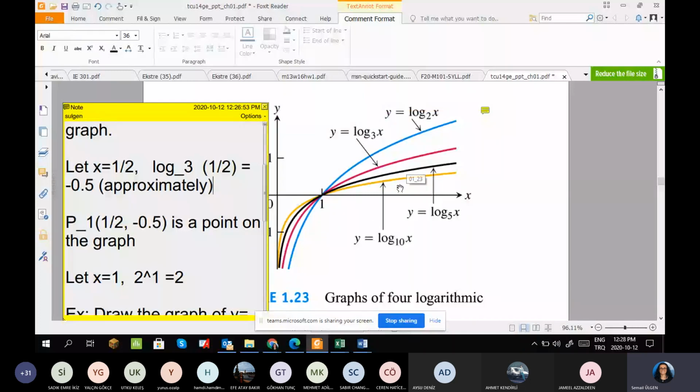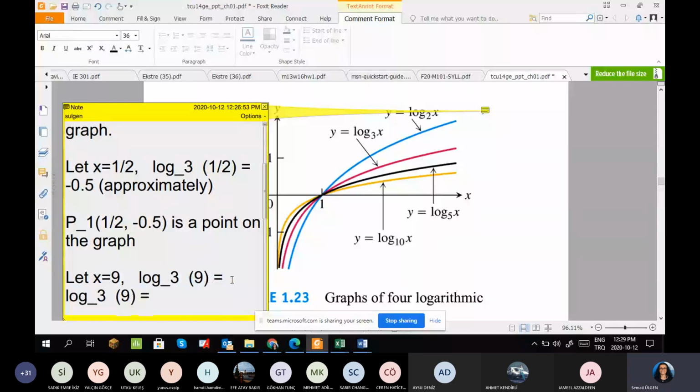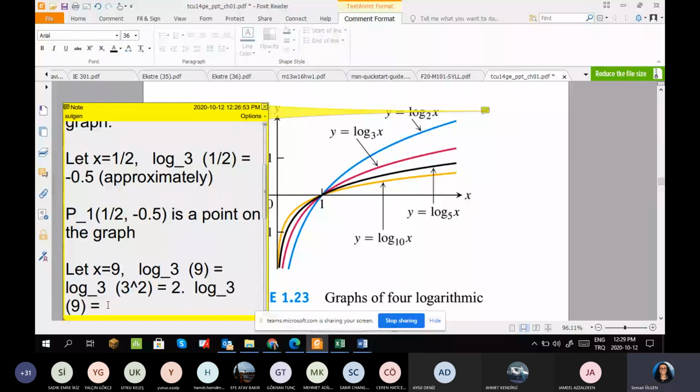I can choose something like, for example, 9. x is equal to 9. Whenever x is equal to 9, I have logarithm base 3 of 9. 9 is 3 squared. For logarithmic functions, we have such a rule: if this is 3 raised to the second power, this is the same as 2 times logarithm base 3 of 3.